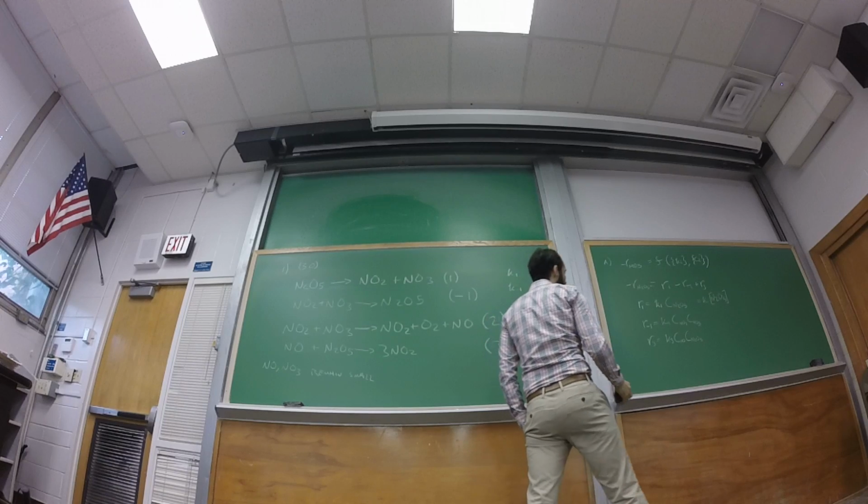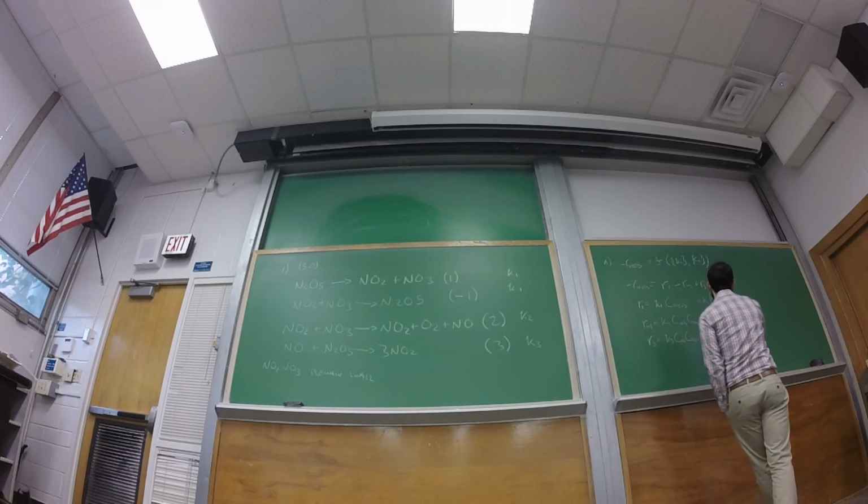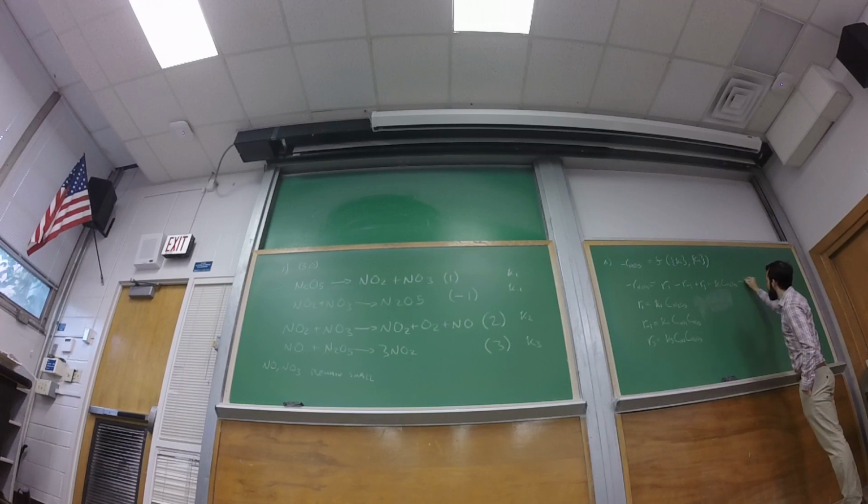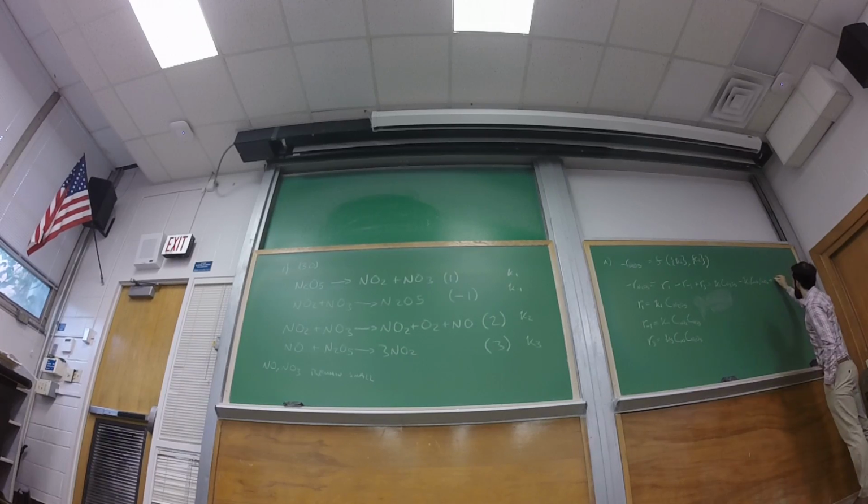All right, so if I sum those up and I put them up here, I just get K1, concentration of N2O5, minus K negative 1, concentration of NO2, concentration of NO3, plus K3, concentration of NO, concentration of N2O5.